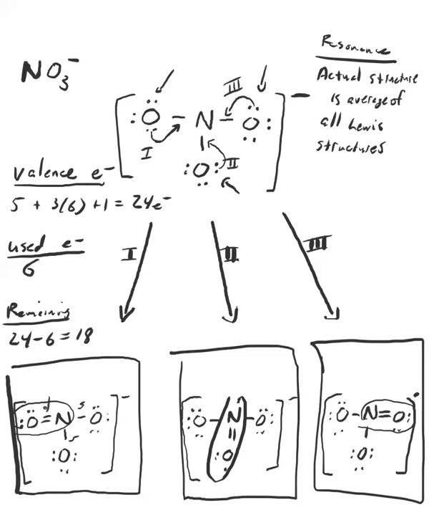So if you said, what's the average of a double, a single, and a single, well, that would be 2 plus 1 plus 1, which is 4, divided by the number of structures, 3, 4/3. So that's 1 1/3. And it would be the same for all of them. So really, it's 1 1/3 bonds on average. 1 1/3 bonds is a little more than 1. So what you could do is you could draw it like this.